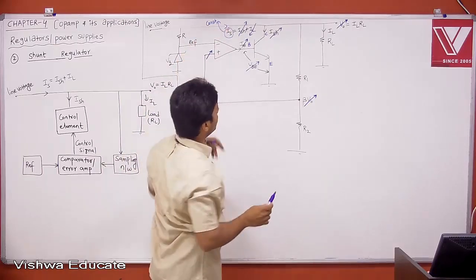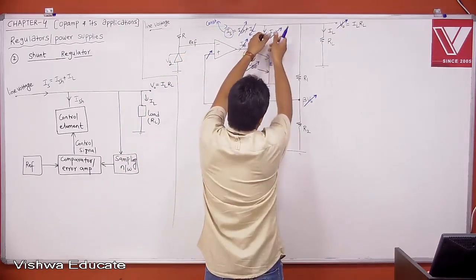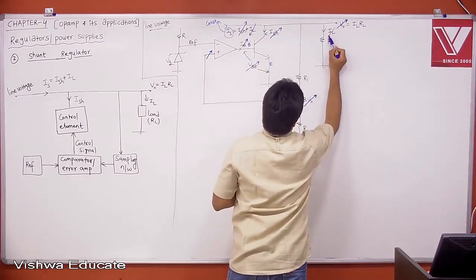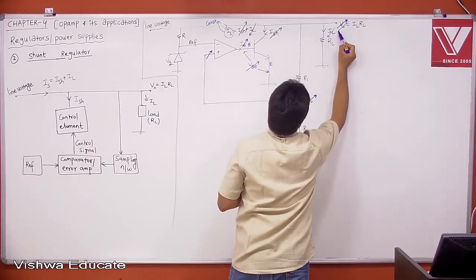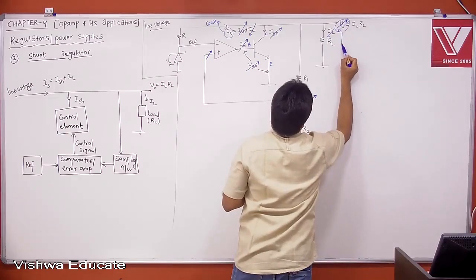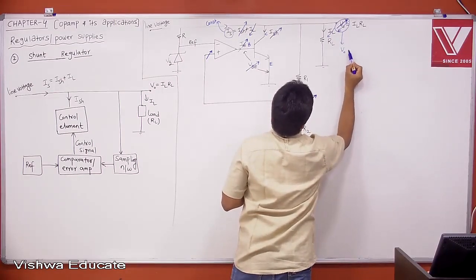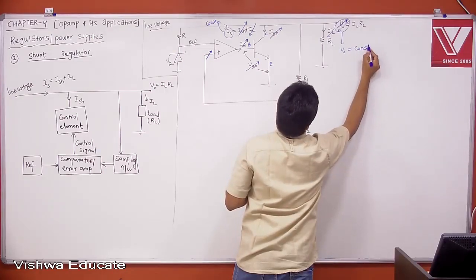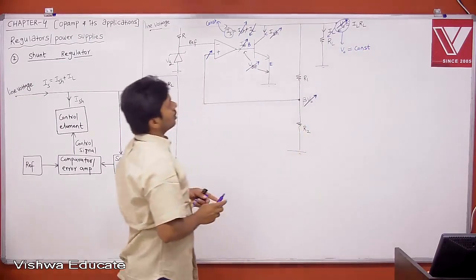If ISH is taking more current but input current is constant, your IL will decrease. When IL is decreasing, your V0 will decrease. So you can say your V0 is almost constant.